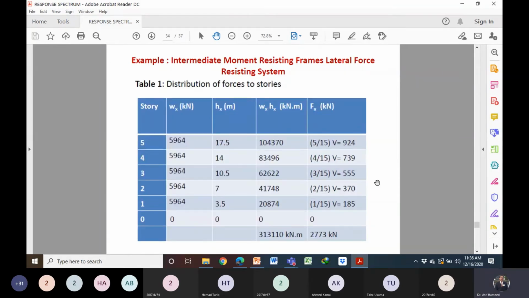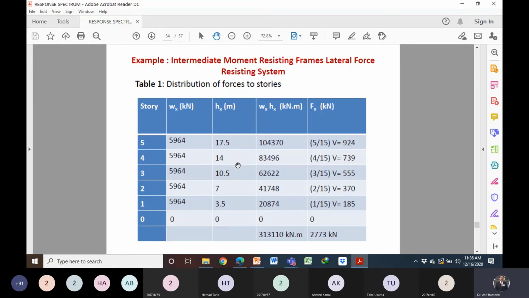So is it clear? No confusion? If you don't have any confusion, yes sir, clear. Then, if you have to perform the static analysis manually, you need the lateral forces at the different frames. Definitely you can apply these lateral forces at the center of stiffness and perform the three-dimensional analysis if you want.